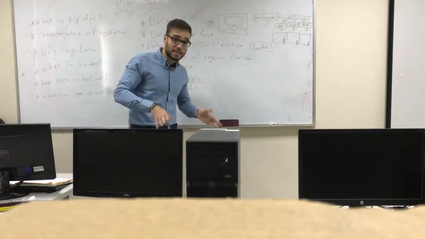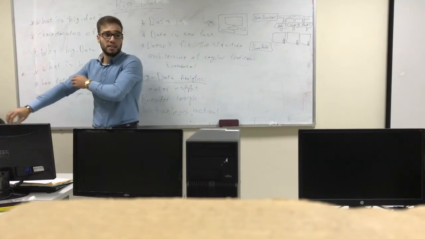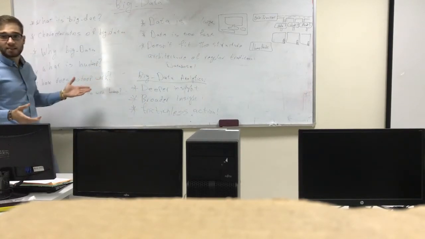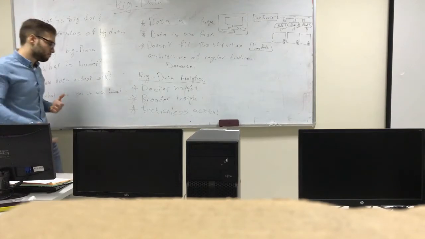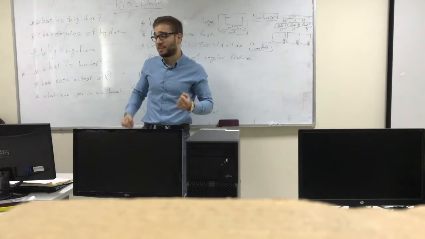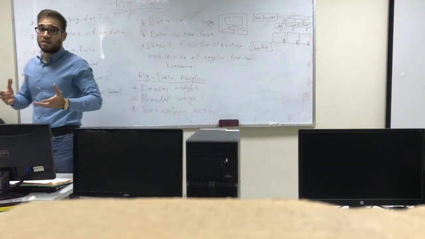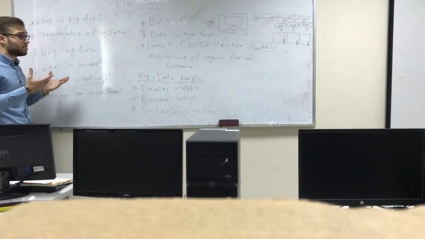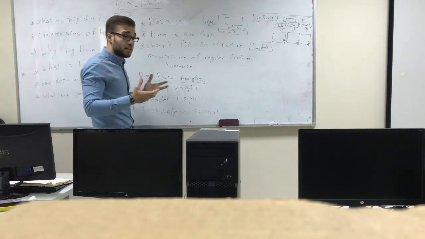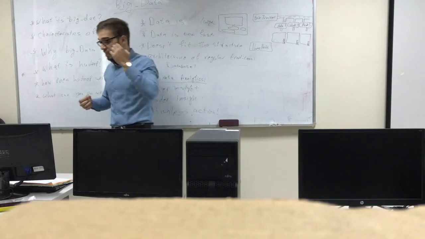Is it structured? Is it unstructured? Unfortunately, nowadays, like 80% of the data collected is unstructured, and 20% of the data is structured. Barely 20%. That is really low. 80% of unstructured data is hard. It's really hard to find, to actually go through.